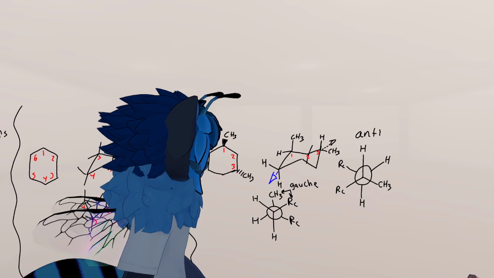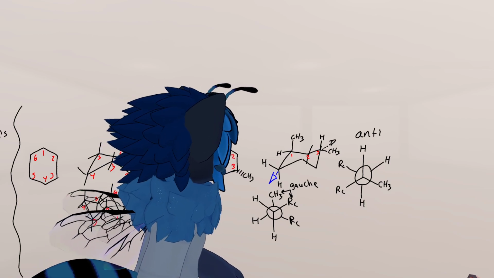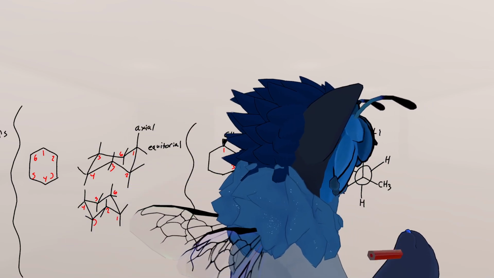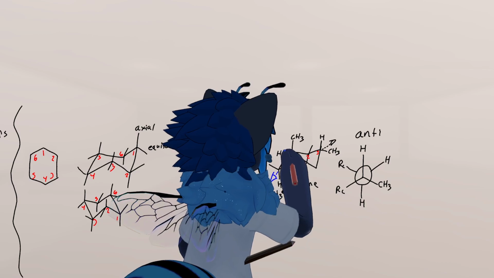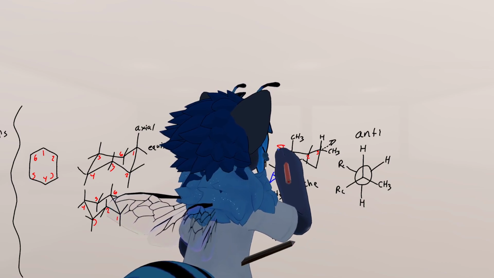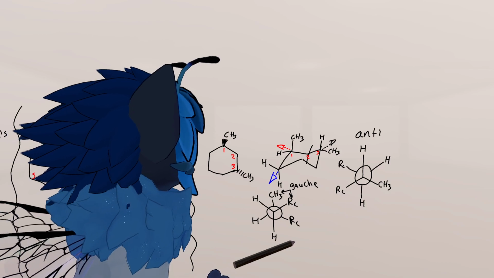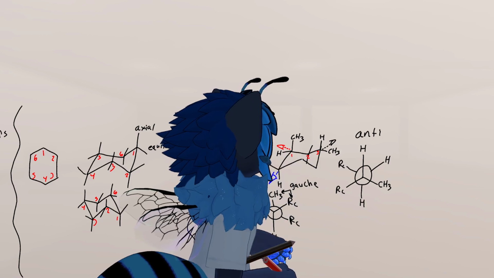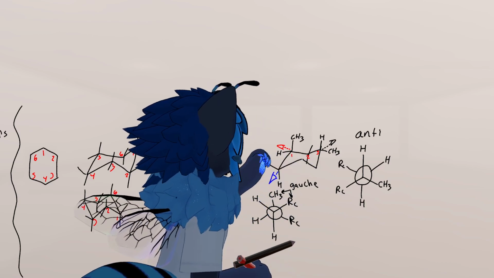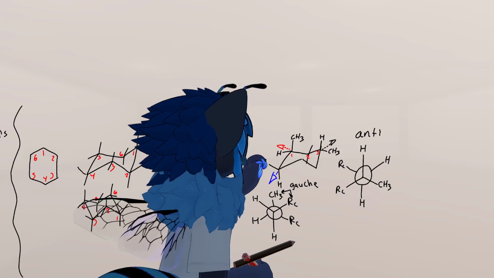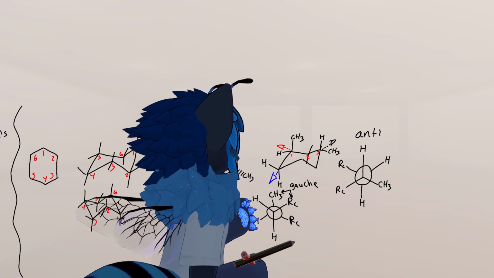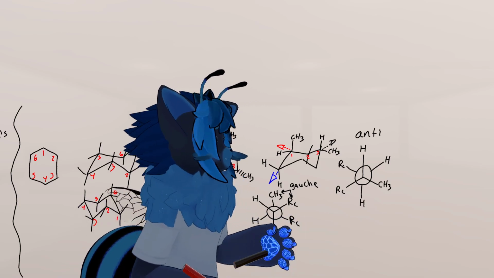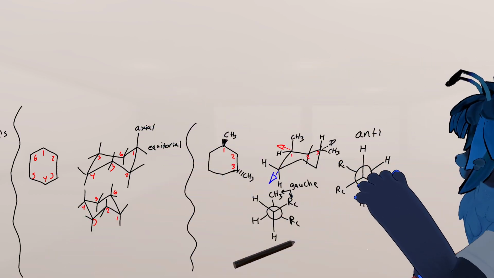Now, if I were to put my eye, and I'll put it in red, down bonds 1 and 2, carbons 1 and 2, I would get a different projection, and I would also have a different gauche interaction with another carbon in the ring. So let's draw out the Newman projection.